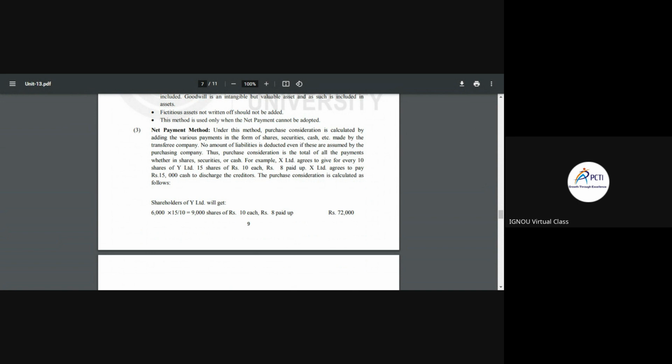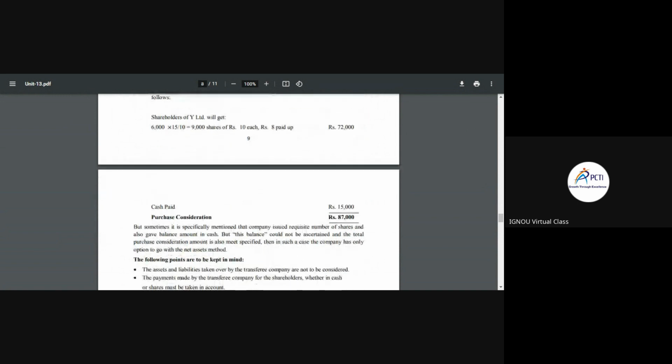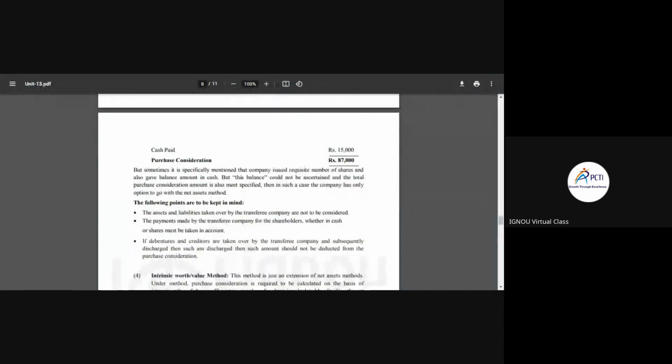So the purchase consideration is calculated like this: shareholders of Y Limited will get 6,000 multiplied by 15 divided by 10, which is equal to 9,000 shares of rupees 10 each, 8 paid up, that will be 72,000. Then cash paid 15,000. So the total purchase consideration will be 87,000.